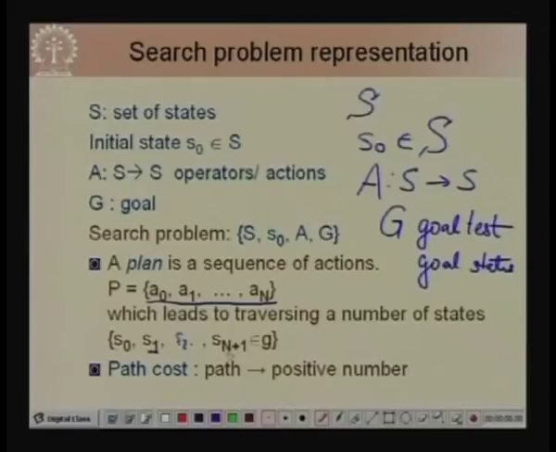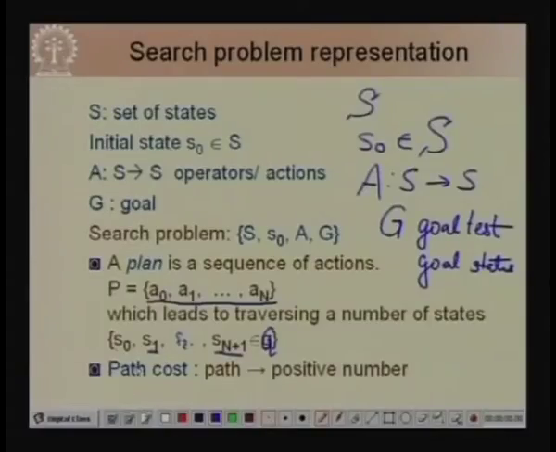Finally, the agent arrives at state S sub n plus 1, and if this plan is a solution to the search problem, then S sub n plus 1 must be a goal state. We also mentioned that for every path we will associate a cost. Path cost is a positive number, usually the sum of the operator costs.